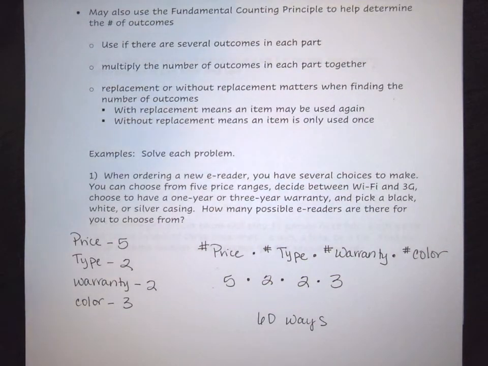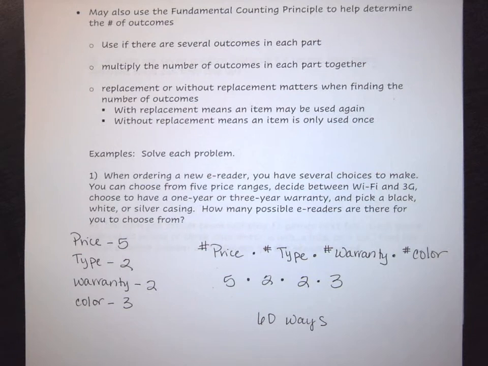Well, if you take a look at all of that, you can actually calculate how many different outcomes or different types of notebooks you would be able to buy based on those set of parameters. In other words, how many different options you really have to choose from. So the fundamental counting principle helps us do that.